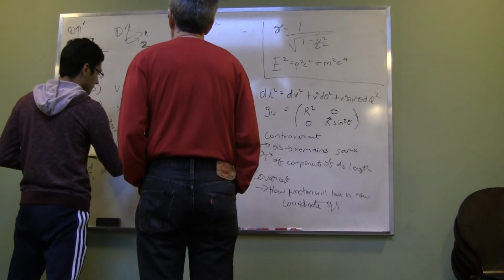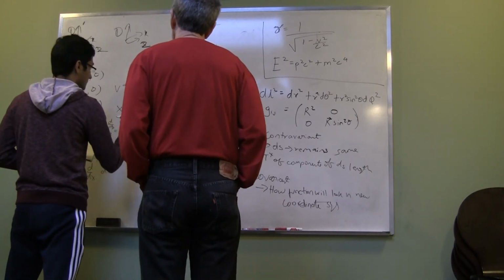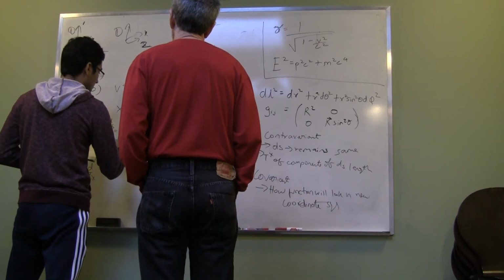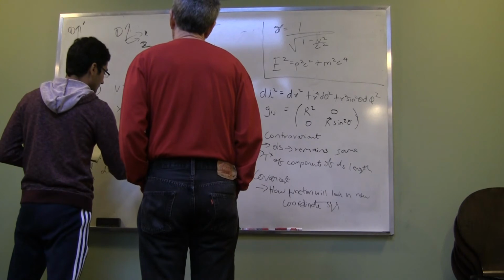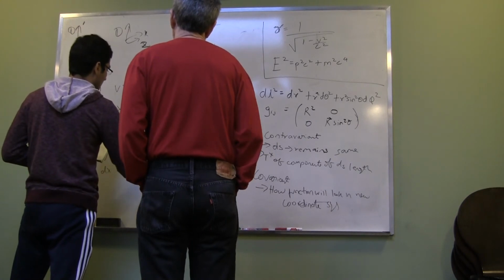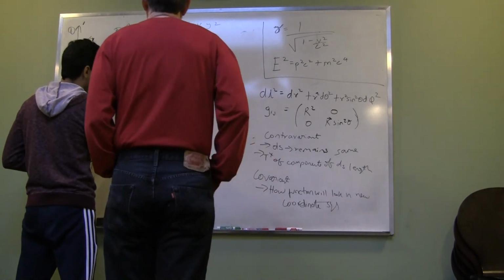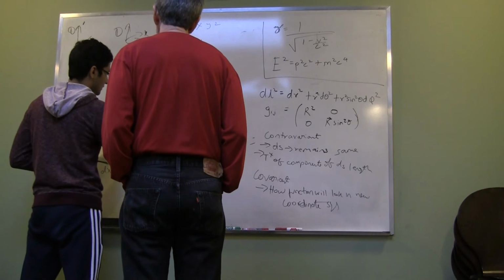So if you look here, it's BE, BF, BG, BH, and then CDEE, CDFF, CDGG, CDHH. If you say this is del, this will be d by dx, d by dy, d by dz.